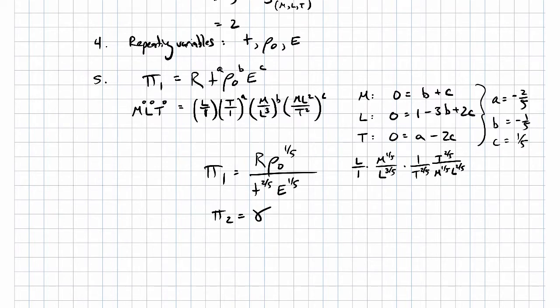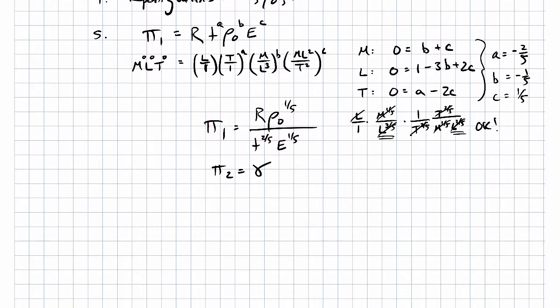So let's see what we have here. In the denominator, we have L to the 3/5 here and L to the 2/5, so that'll add up to be L to the 5/5, or just 1. So that cancels out. Here we have T to the 2/5 cancels out with that T to the 2/5, and the mass to the 1/5 cancels out with that one. So this is okay. This pi term is indeed dimensionless.